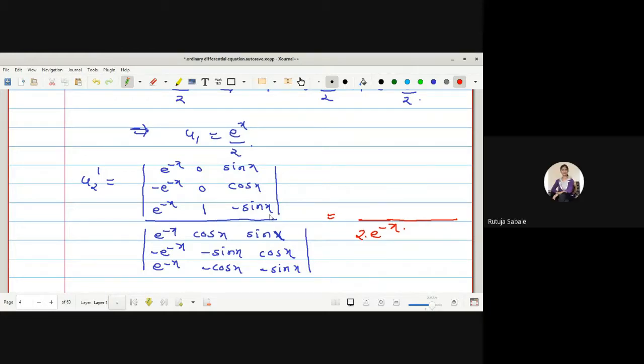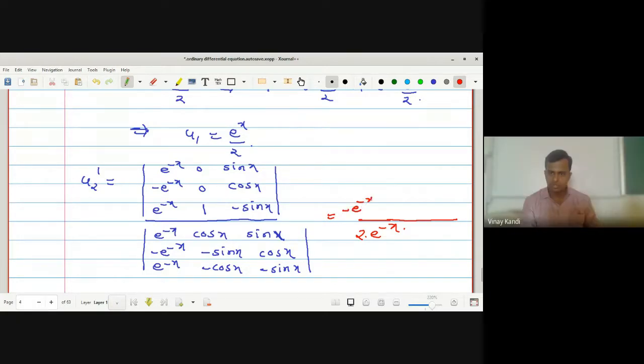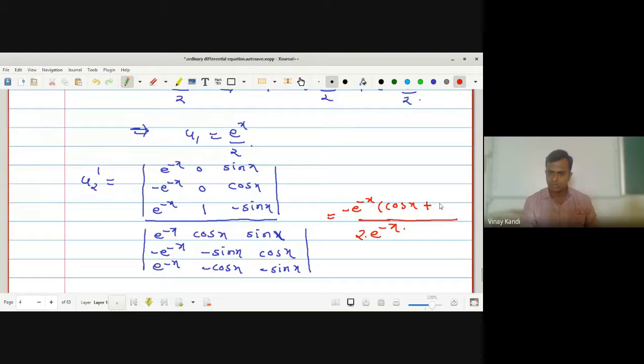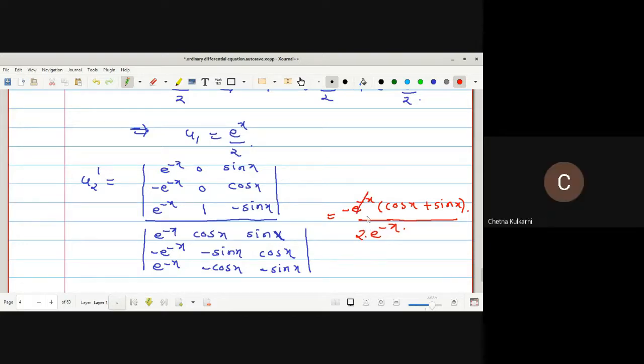Minus e raised to minus x cos x plus sin x. Minus e raised to minus x into bracket cos x plus sin x. Is it correct? Correct आहे का? Yes sir. e raised to minus x get cancelled.